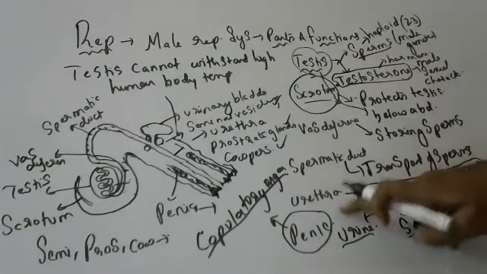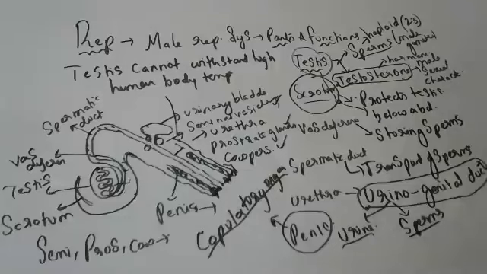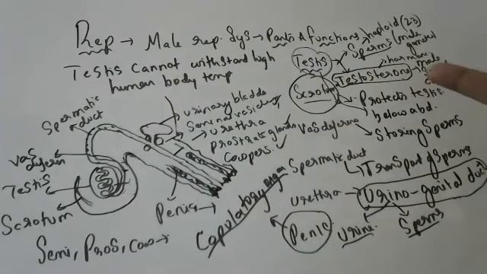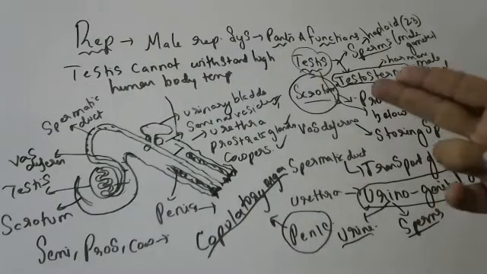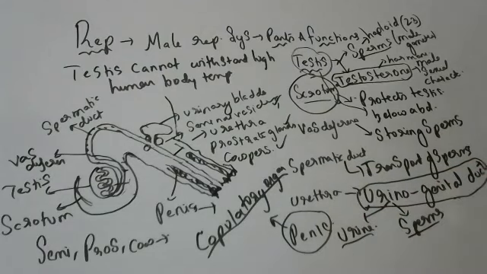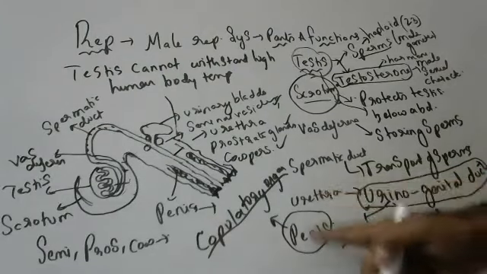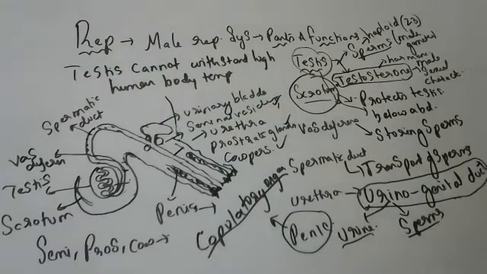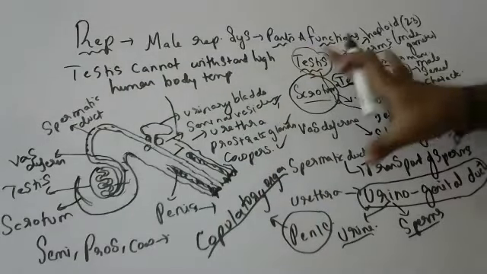After testis, urethra is important. Urethra is called urinogenital duct. They asked this question last year too. Why is urethra called urinogenital duct? Because urethra helps in passage of urine and also passage of sperms. Urine comes always; sperms come only during sexual intercourse. And penis is the copulatory organ in males. These are the parts and their functions.